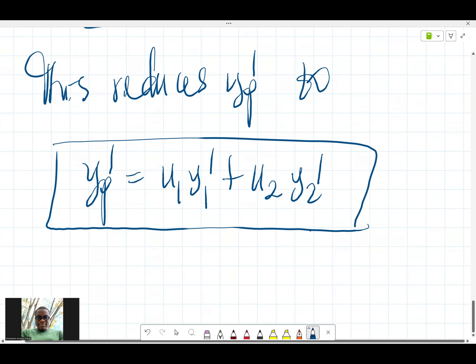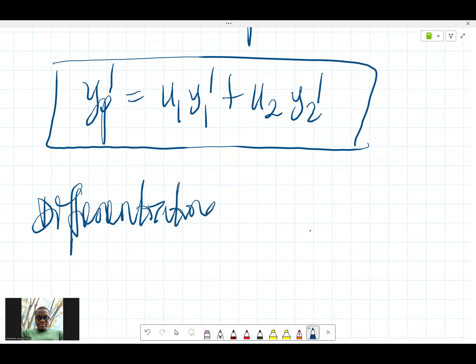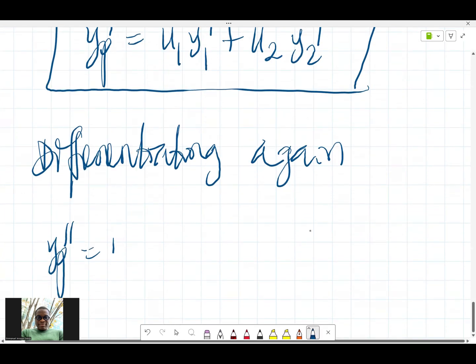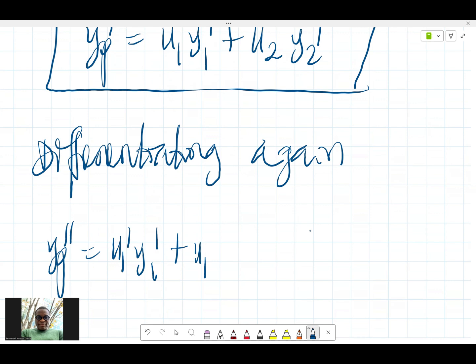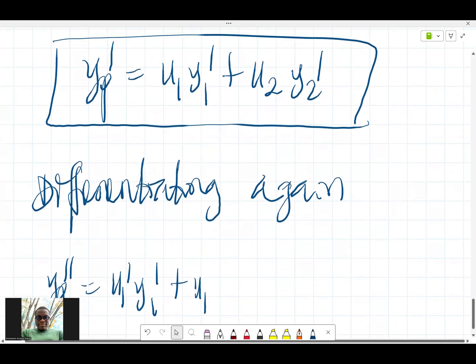So with this in place, we now differentiate again. Differentiating again, second derivative, we now have yp prime prime. So that's u1 prime y1 prime plus u1 y1 prime prime.